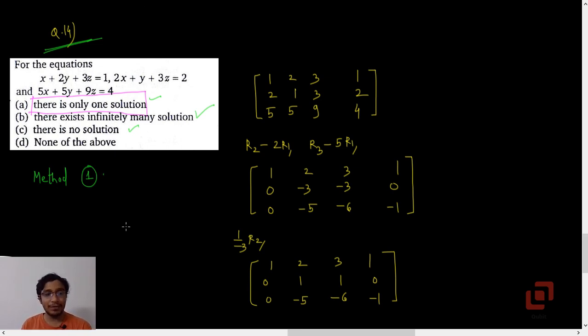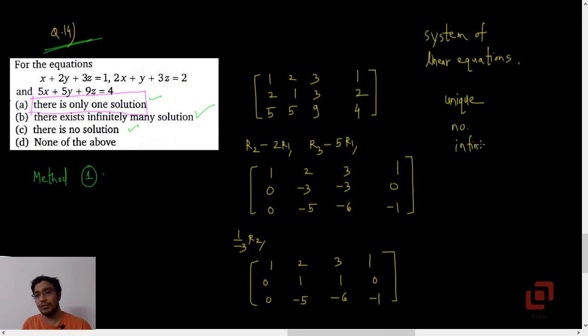Okay, see, now if you have a system of linear equations, you can actually classify it into 3 categories. Any system will either have a unique solution, or it won't have any solution, or it will have infinitely many solutions.